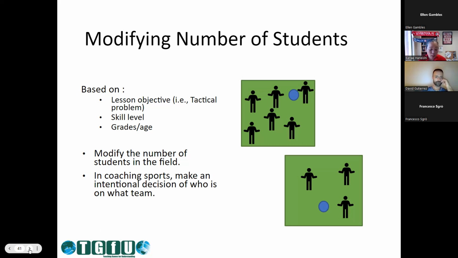So again, if you have less skilled students, you should have fewer students in an area, so each student has more time and space to control and make decisions about what to do with the ball and execute the skill, which is shown in the pictures below.